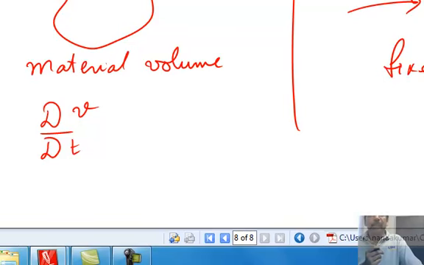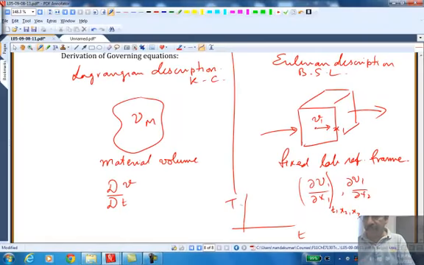To give you an example of this, suppose I have a thermocouple in my hand, and I'm measuring the temperature of air at a particular point. So I have fixed the thermocouple, wind is blowing, but I'm measuring the temperature as a function of time over a period of time, and I create a chart, and the chart gives me temperature as a function of time. And I get a curve like that.